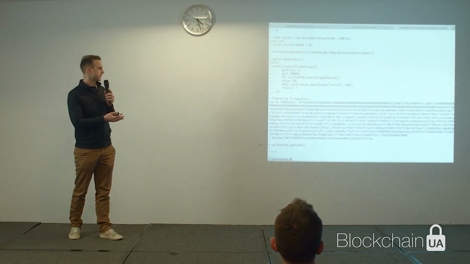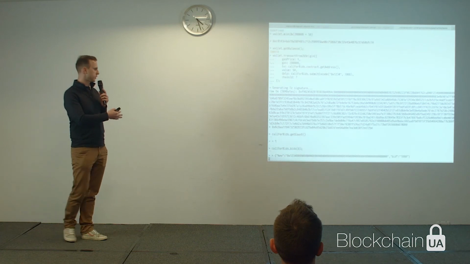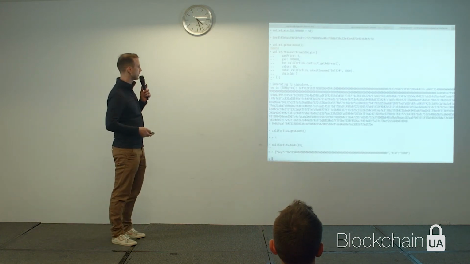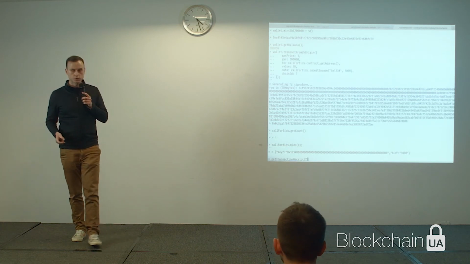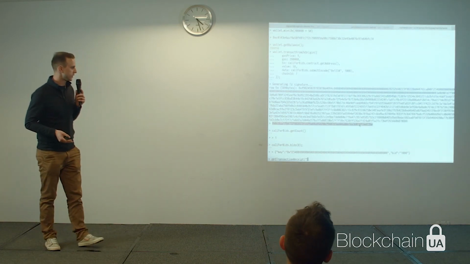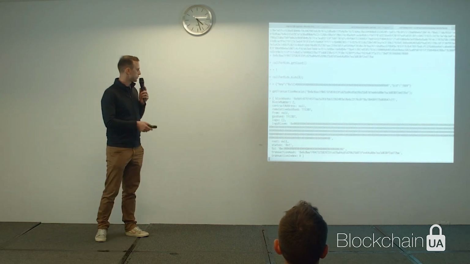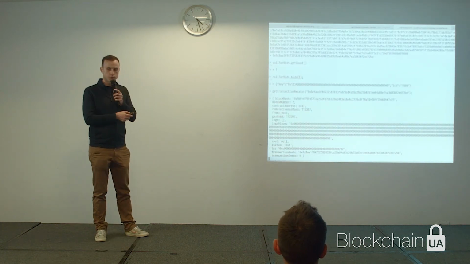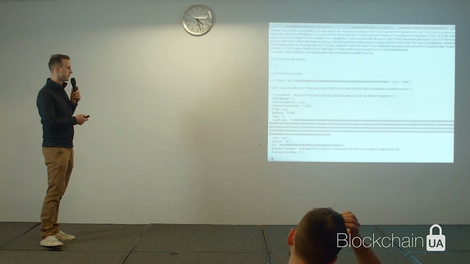So the transaction is successful. We can also get information about particular bids, so you can see that this data is appearing. And we can see transaction information. Also note that the from field is empty, so there is no information about the sender.